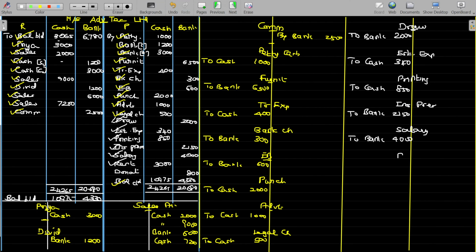Rent account paid by way of cash, so to cash, the value being 3000. Donation 800 rupees, paid by check, so to bank. I just posted, not tallied. Hope you could now understand how to post from the cash book to the concerned ledger. Is that clear?